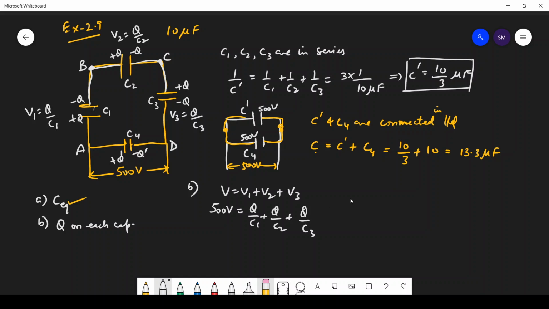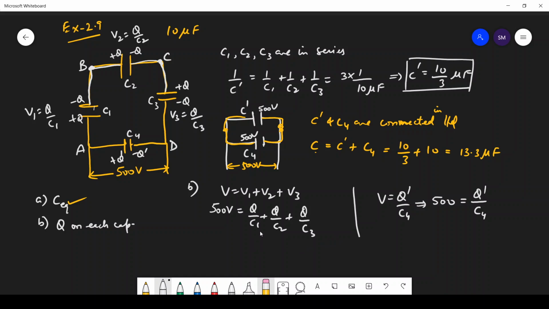And what about here? The charge is Q dash over here, so V is equal to Q dash by C4. So here the voltage was divided, and in parallel it is the same. So this 500 volt was divided among C1, C2, C3, and along C4 the potential difference, or you can say voltage, is 500 volt. So this can be written as 500 is equal to Q dash upon C4.